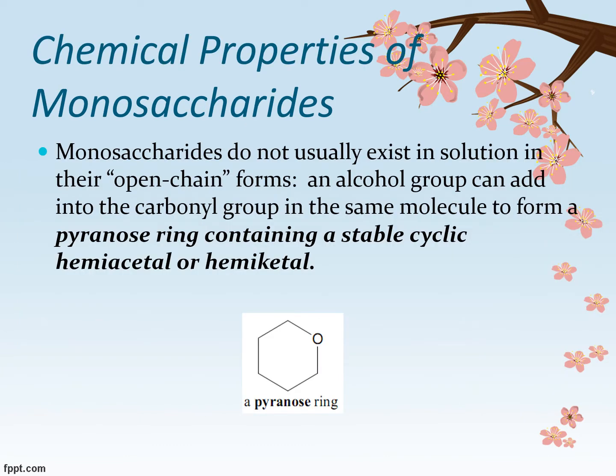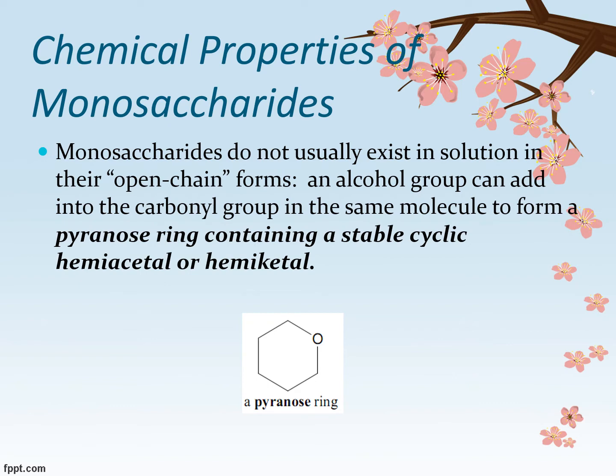Now let us look at the chemical properties of monosaccharide. Monosaccharides do not usually exist in solution in their open chain form. An alcohol group can be added to the carbonyl group in the same molecule to form a pyranose ring, which contains a stable cyclic hemiacetal or hemiketal.